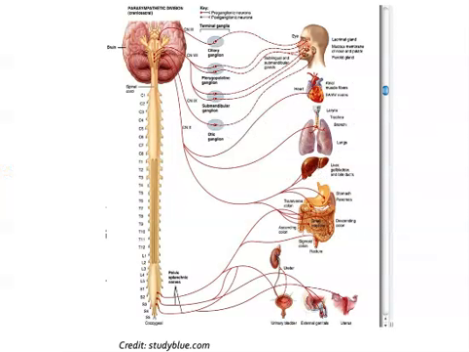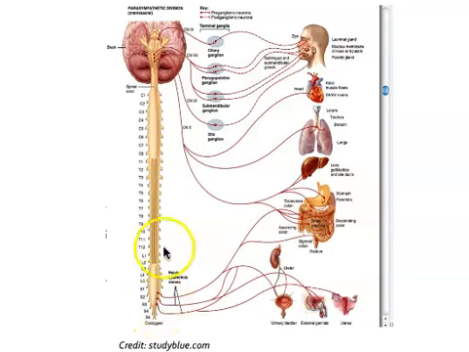Now, this is a very busy diagram, but I put it in just to show us visually how these parasympathetic tracks travel. Remember, we can have our preganglionic neuron located either in the brainstem or way down in the sacral region of the spinal cord.